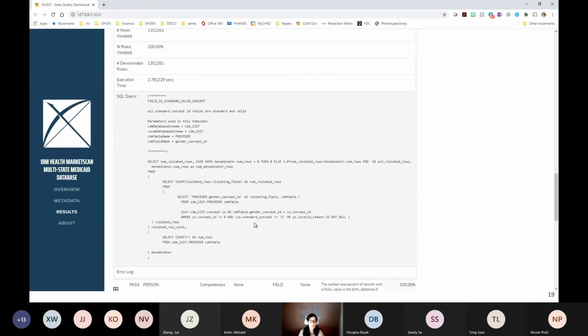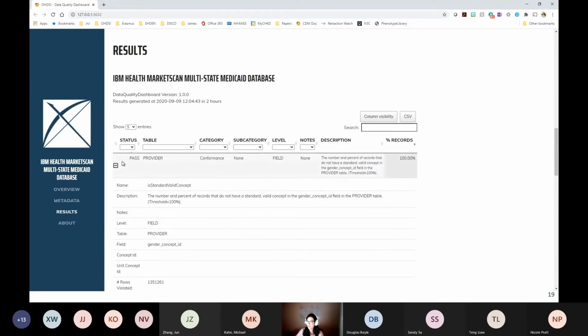So if you're not familiar with SQL, that's okay. But I'm sure whoever is in charge of monitoring the quality of your database would be very happy to see this, and we find it really, really useful.